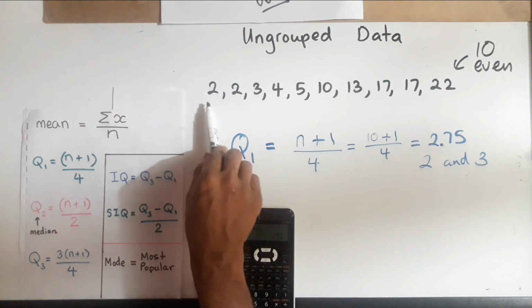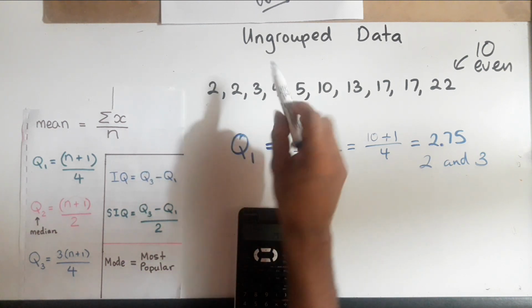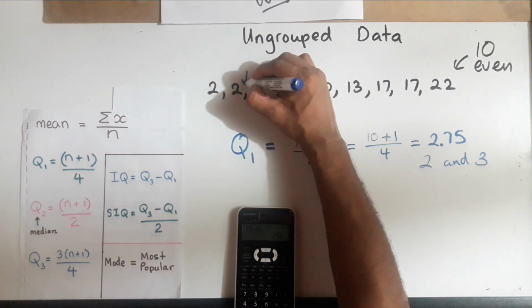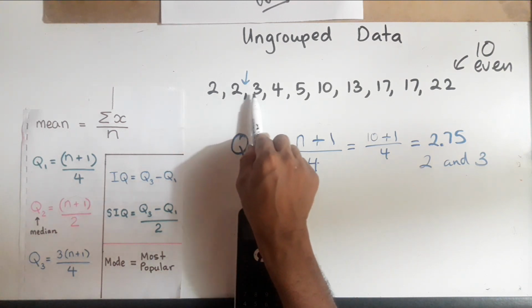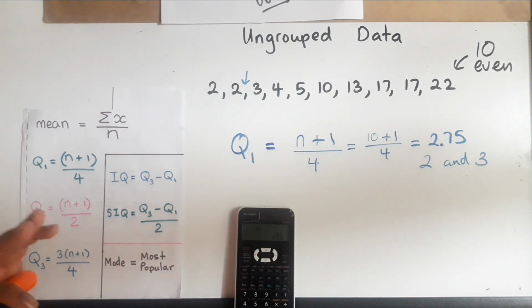So we're going to count first, second, third. So that means the first quartile is in between the second number and the third number, right? Now, it's pure coincidence that the second number is 2 and the third number is 3. Sorry about that. I made up these questions when I was coming up the stairs.